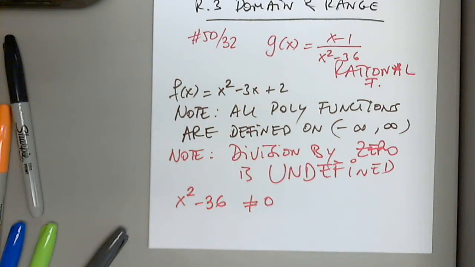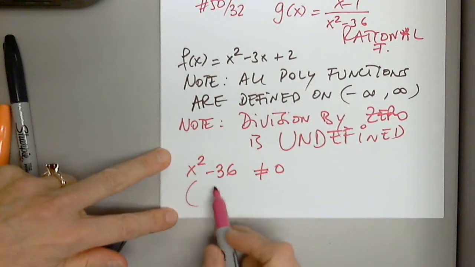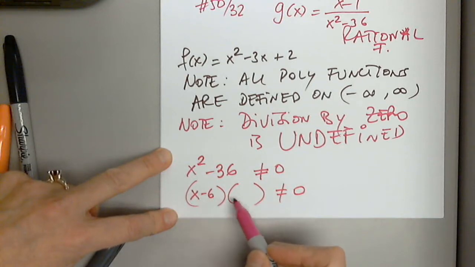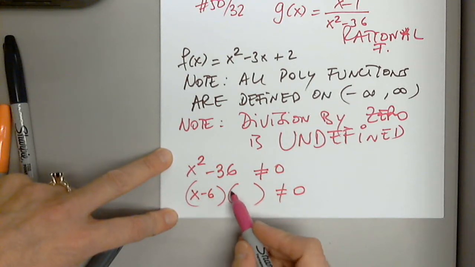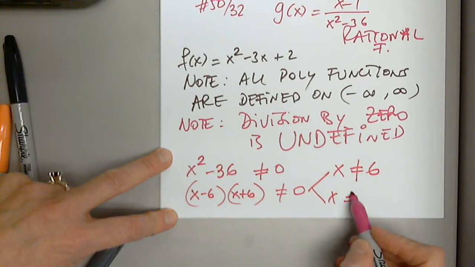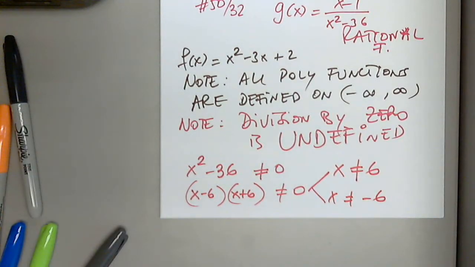If the degree is 2, I have to find 2 solutions. Good. I have several ways here. Let's say we factor. Very good. So two options, x could never be 6 and x could never be negative 6 in this function.